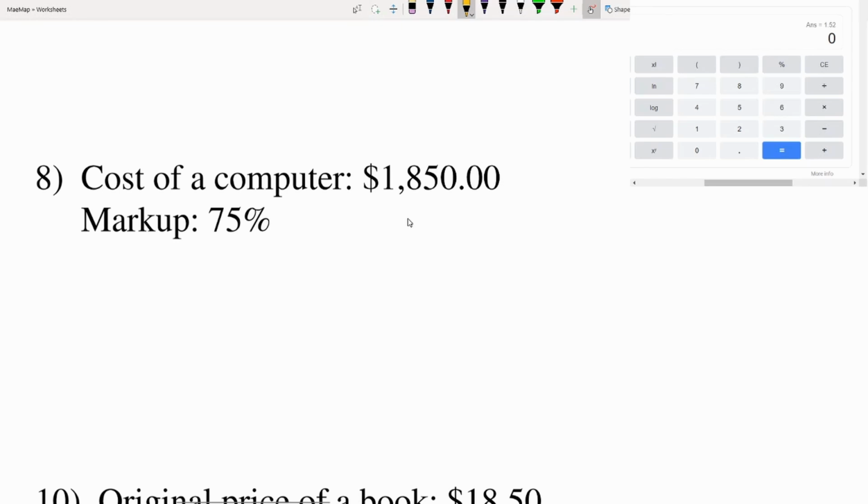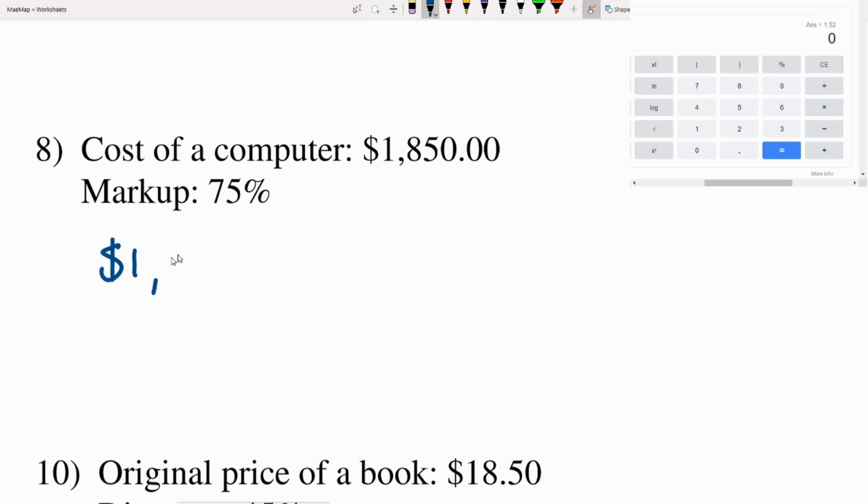Number 8, the cost of a computer is $1,850 with a 75% markup. So $1,850 times 1.75 is going to give me what?